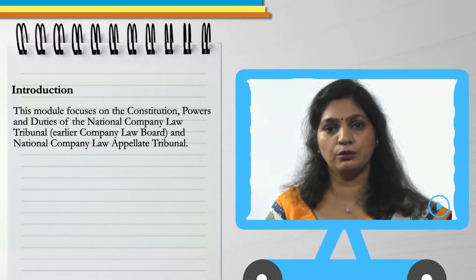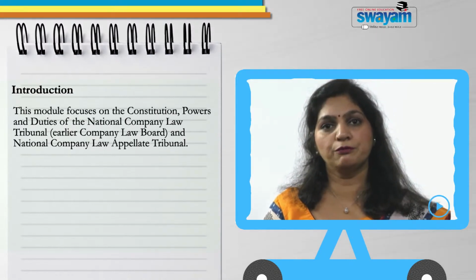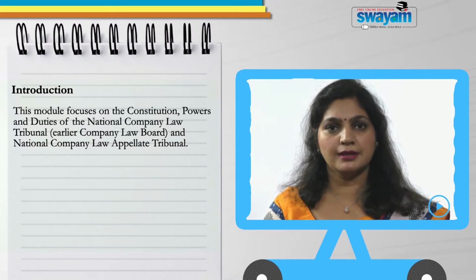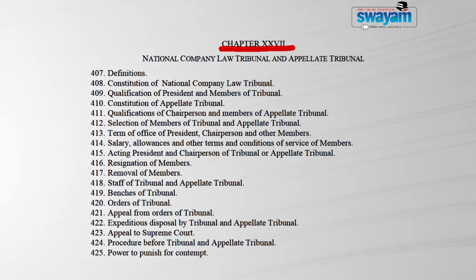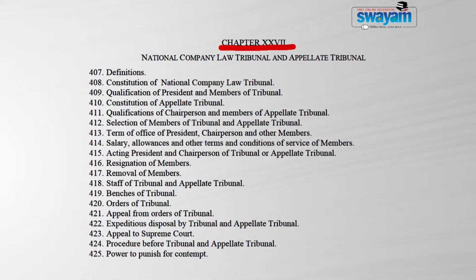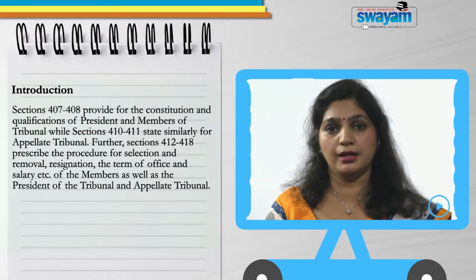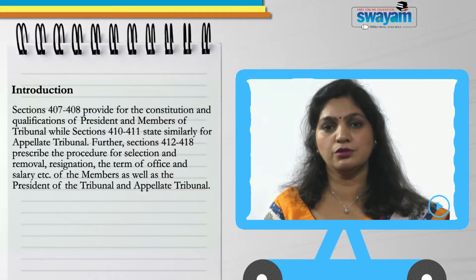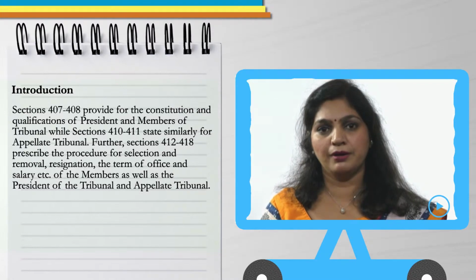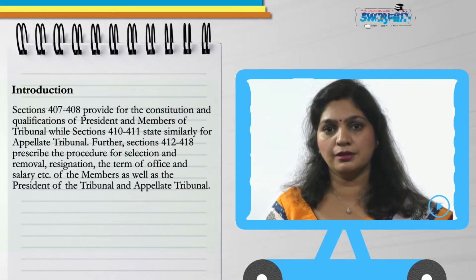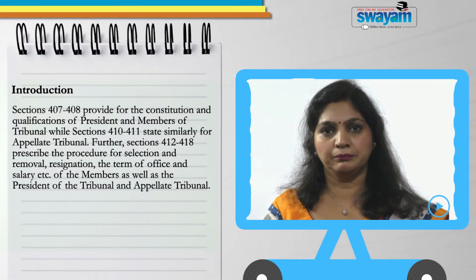This module would provide an overview of the whole framework of the functioning of the tribunals as has been provided under Chapter 27 of the Companies Act 2013. In this module, we'll talk about sections 407 to 408, which provide for the constitution and qualifications of the President and members of the tribunal, while sections 410 to 411 state similarly for the appellate tribunal.